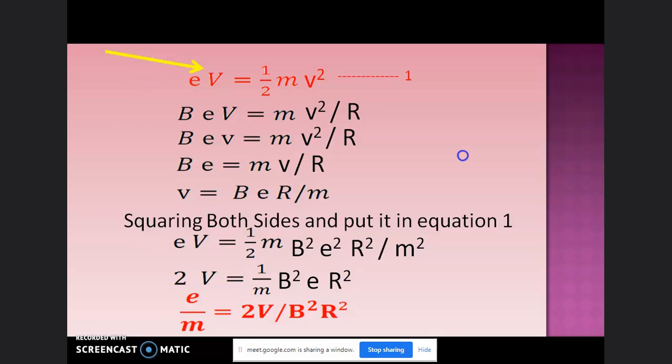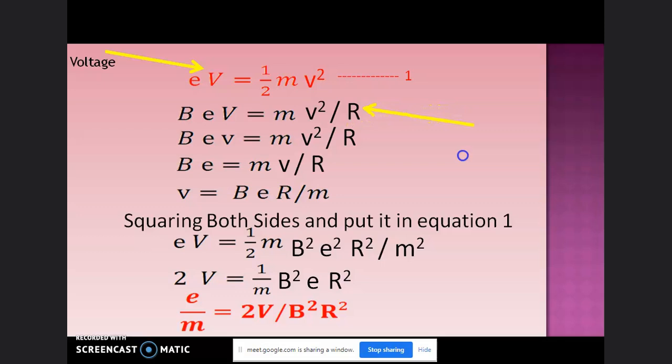So this V is the potential or voltage applied to the cathode terminal, and this is equated to the kinetic energy of the electrons which are ejected from the cathode and directly incident on electrometer E1. So one energy, eV, where V is voltage and e is electron charge, is equated to the other energy, half mv square, where m is the mass of the electron and v is velocity. Here two v's are there: this is the first V and this is the second v.